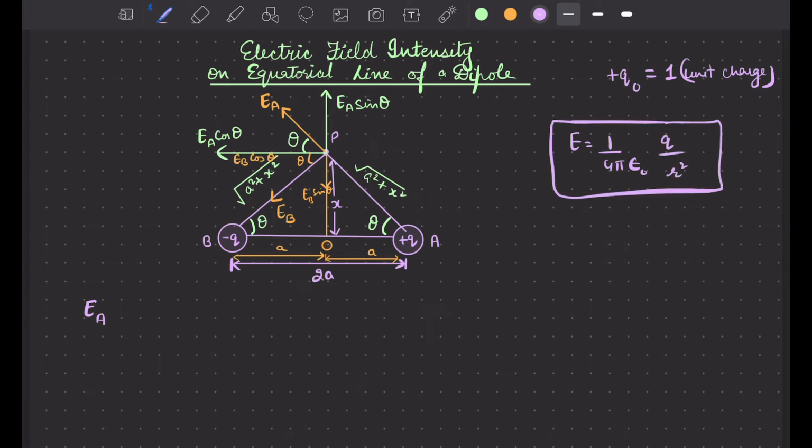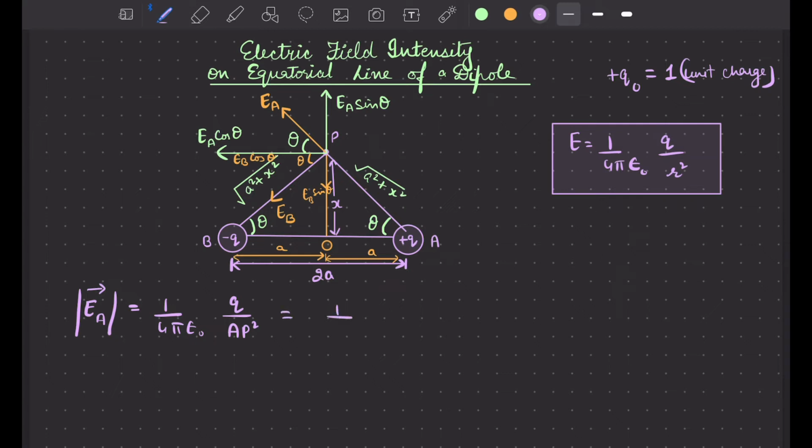This is just a general formula. Looking at this general formula, if I want to find the magnitude of electric field intensity because of charge placed at point A, it is equal to 1 upon 4 pi epsilon naught Q upon, instead of writing r square, here I will write AP square, because the unit positive test charge is placed at point P. That is why I am mentioning AP square.